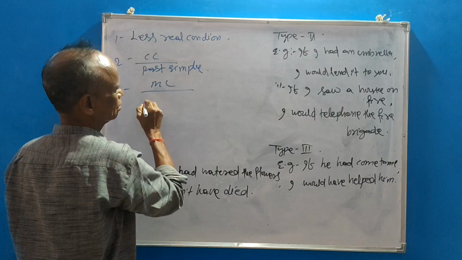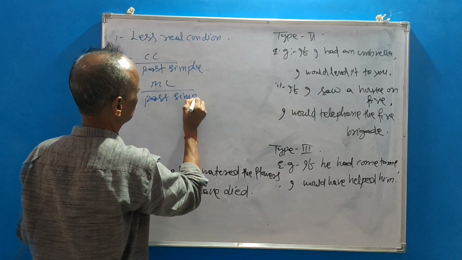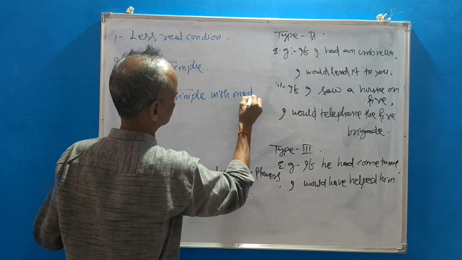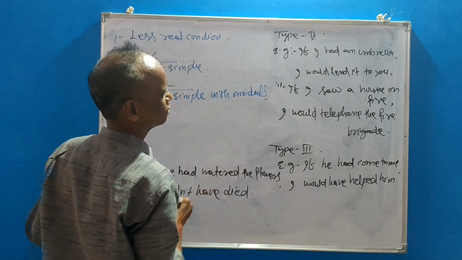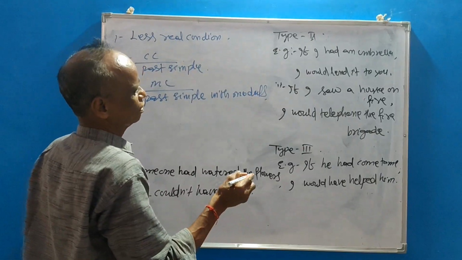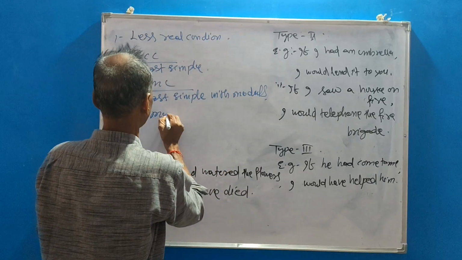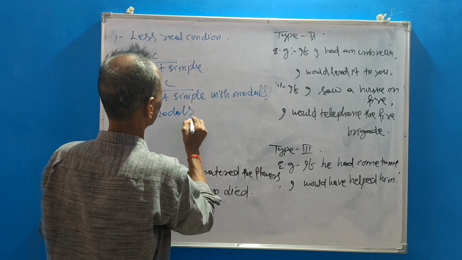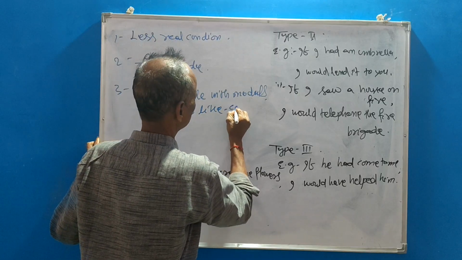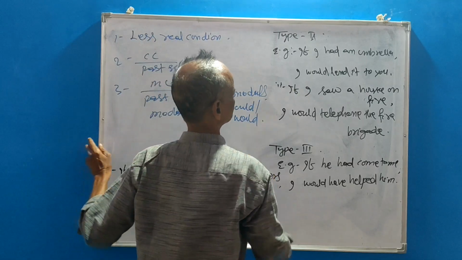Main clause: past simple with modals. That is, modals like could or would. Okay.